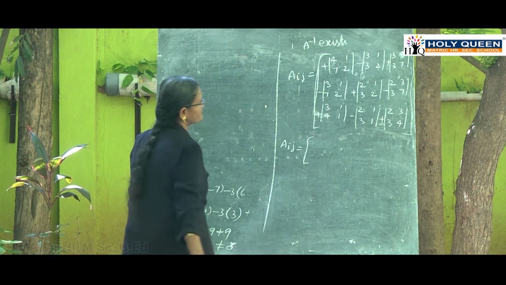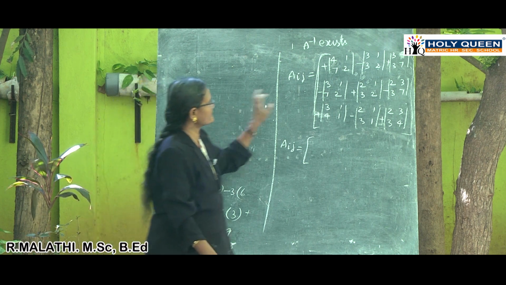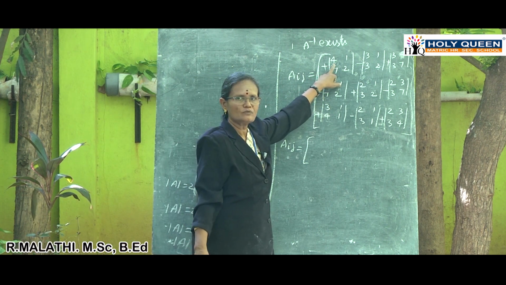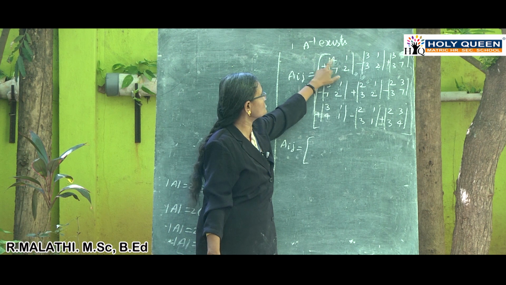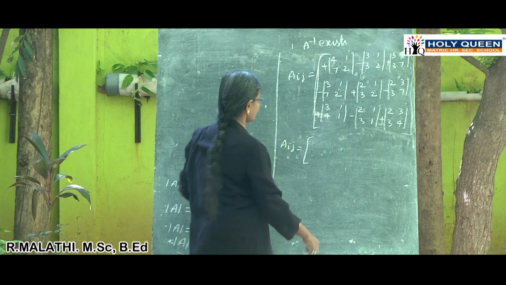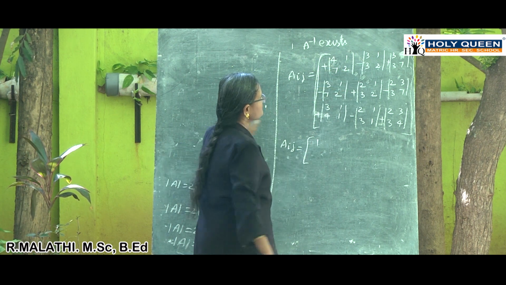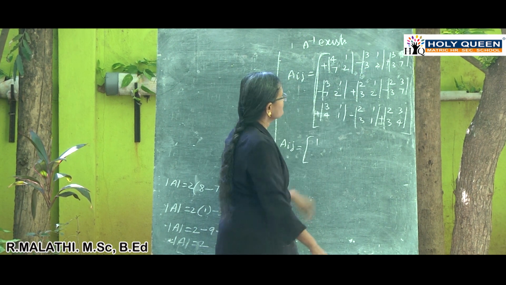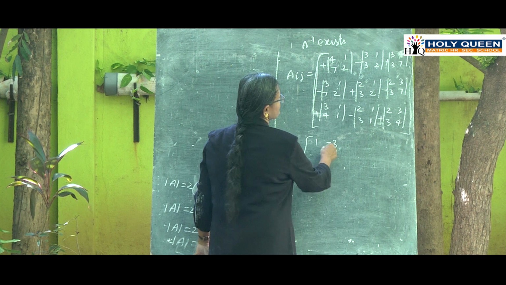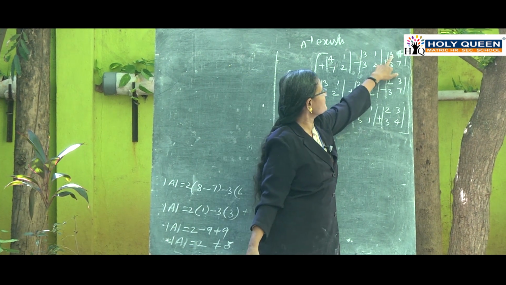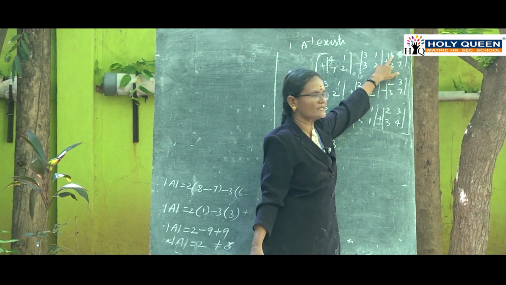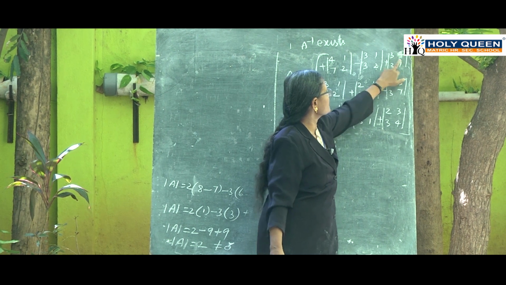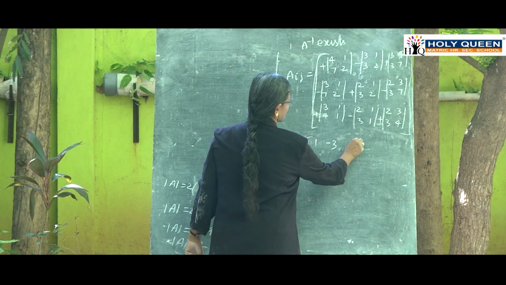How can we find the 2 cross 2 determinant? Product of the leading diagonal elements. 4 2s are 8 minus 7, that is 1. Here 3 2s are 6 minus 3, that is 3. Here the product of the leading diagonal elements: 7 3s are 21, 21 minus 12, we get 9.